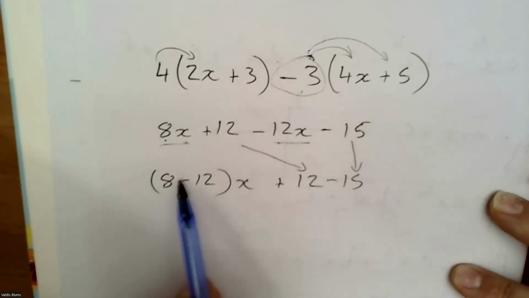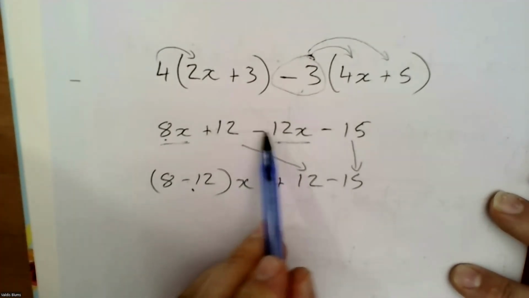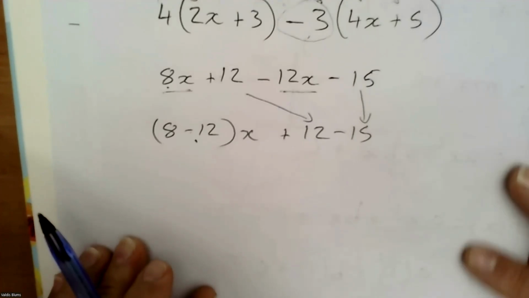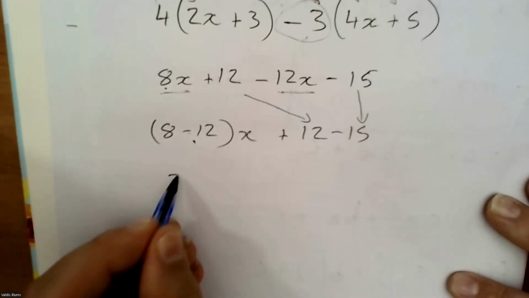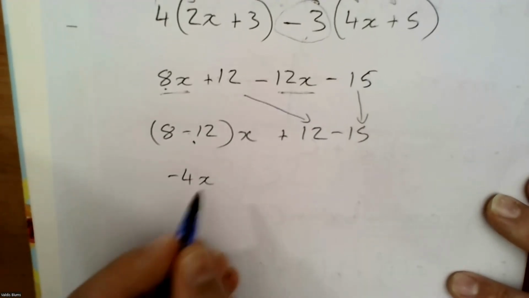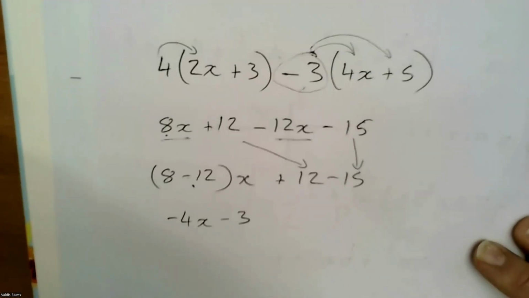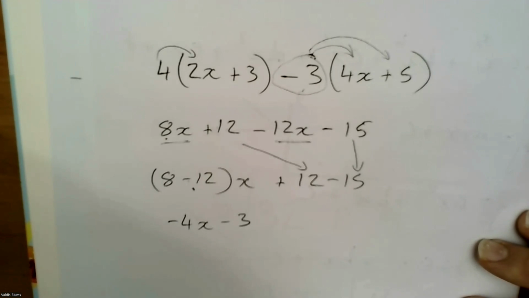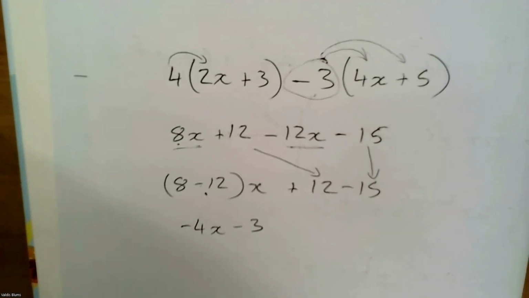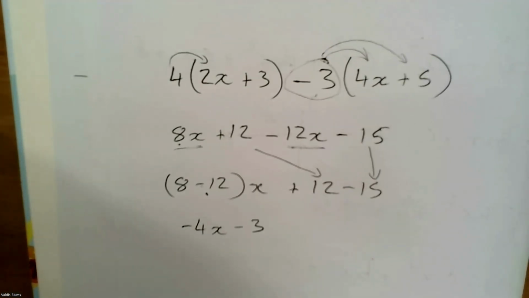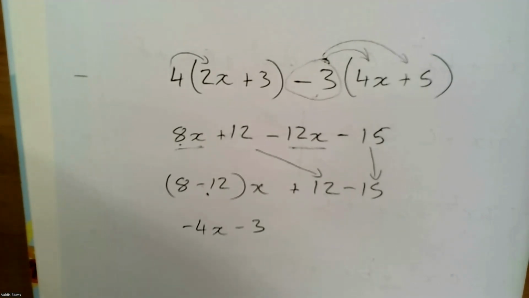Note that minus is still associated with the 12. We have minus 4x minus 3. So we have expanded the brackets and then collected like terms. This should feel familiar and you will have seen this in class. I'm just going over this quickly as it is a prerequisite for this content.